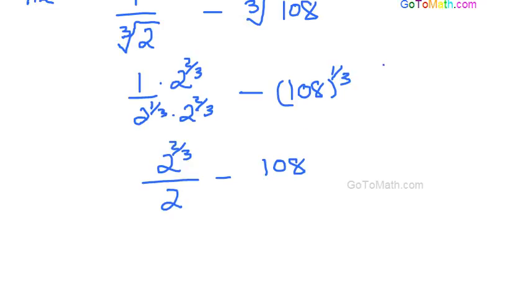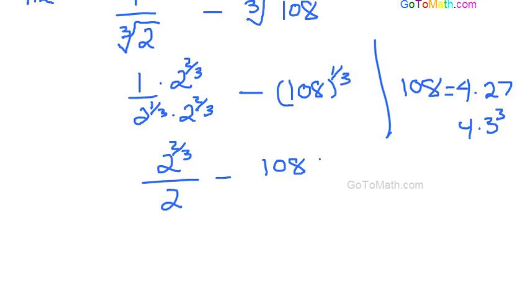And you know what? Let's do some side work over here on this 108. We can break 108 down to 4 times 27, and 27 can be written as 3 cubed. So as you can see, we got a cube here.